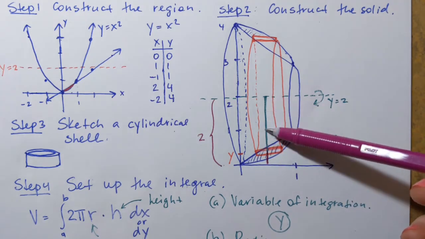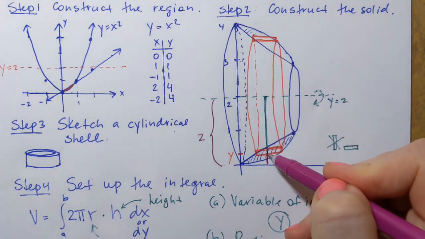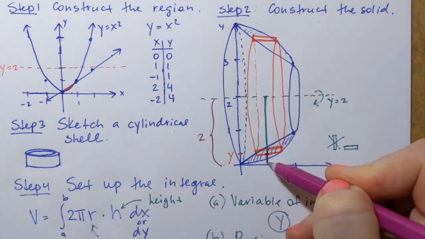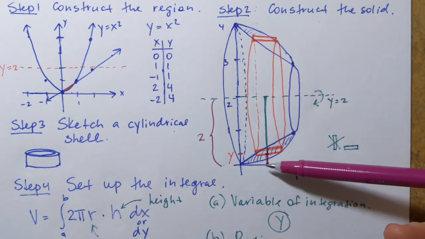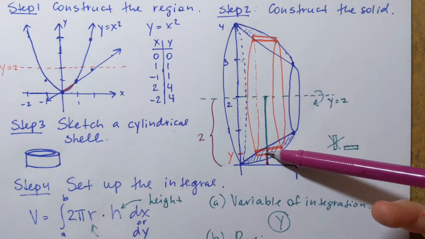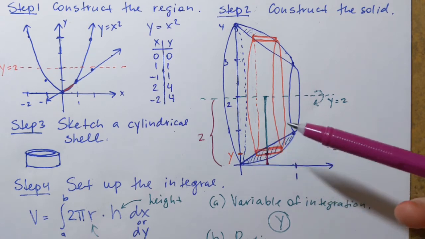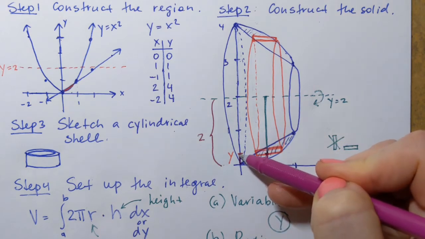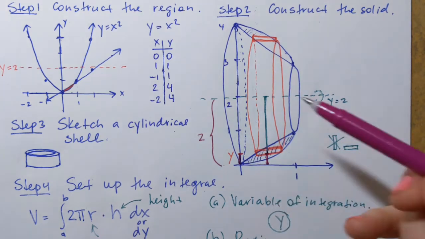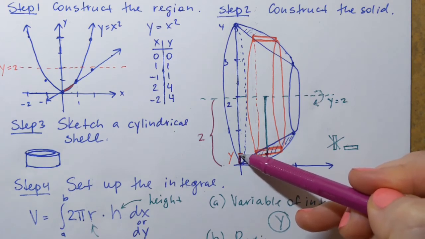Then I will get exactly the radius of that arbitrary shell, right? But how do I express this segment? Well, it goes from the x-axis to the arbitrary rectangle, which I said that I position at y. So it's exactly the same distance as here, right? So its distance is y units.